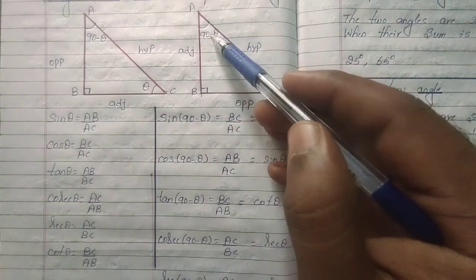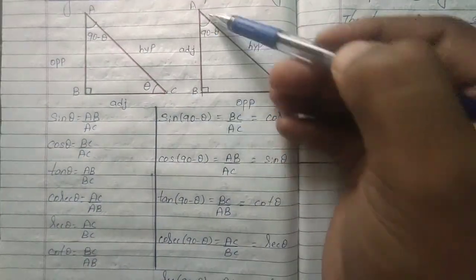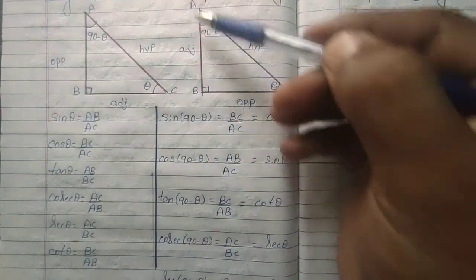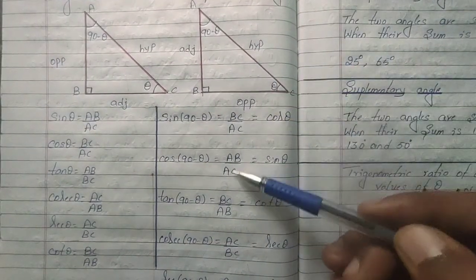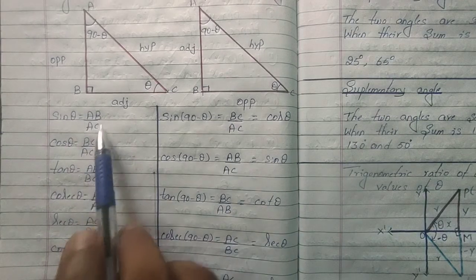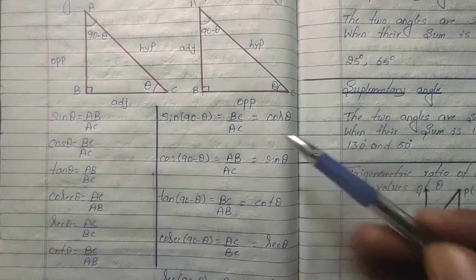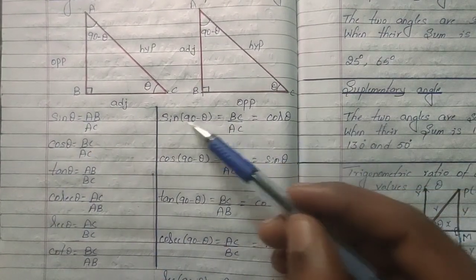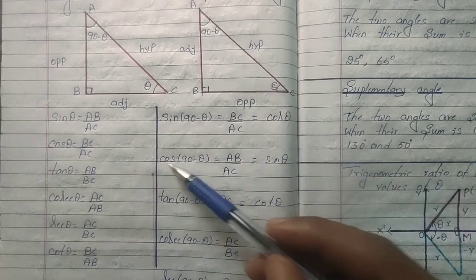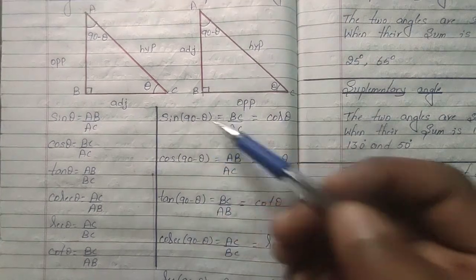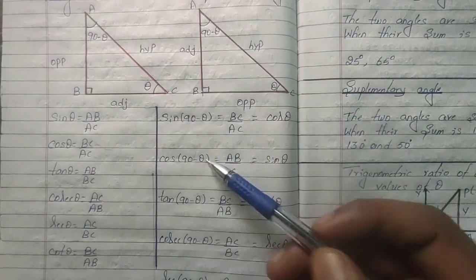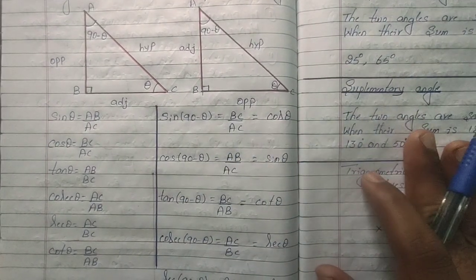What is cos? Adjacent by hypotenuse. Adjacent is AB, hypotenuse is AC. AB by AC is nothing but sin theta. Similarly, sin complementary is cos, cos complementary is sin. Sin 90 minus theta is cos theta. Cos 90 minus theta is sin theta.